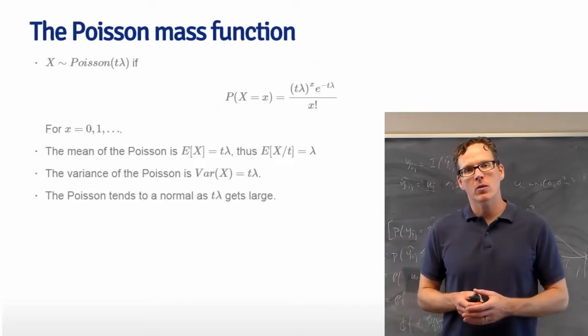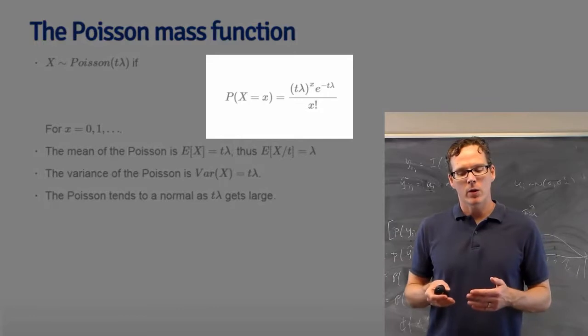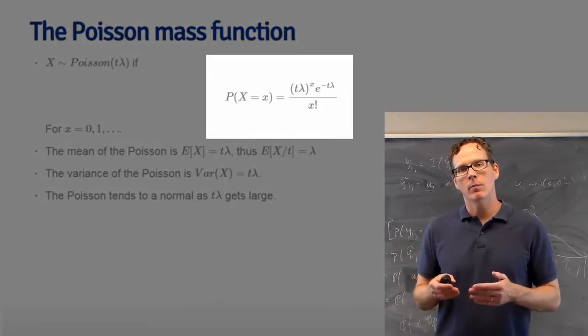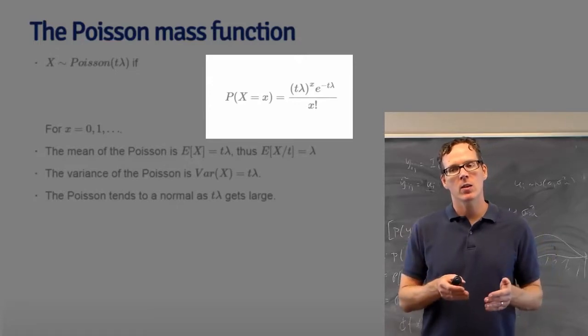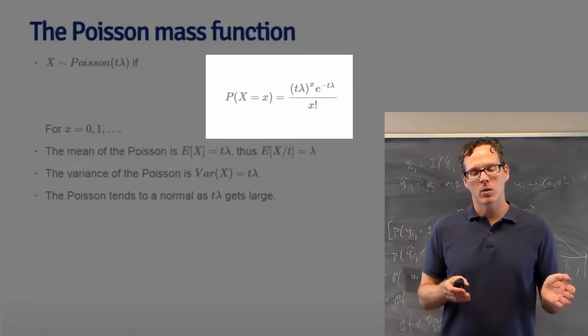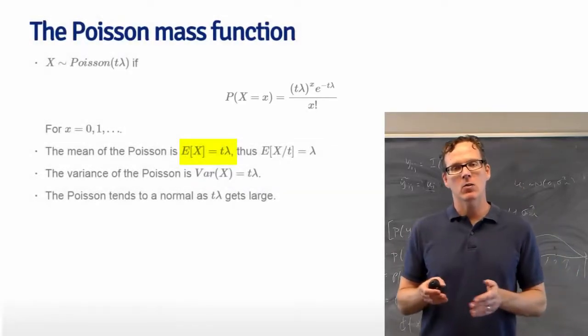I give the Poisson mass function here, and so the rate of counts per unit time is lambda, whereas t is the total time. If x is a Poisson with this mean, then its expected value is t times lambda.